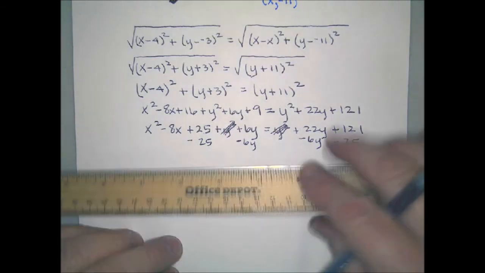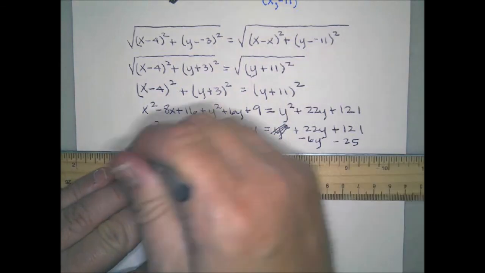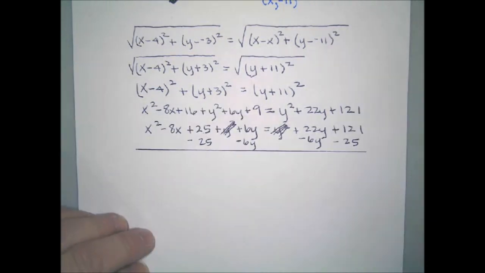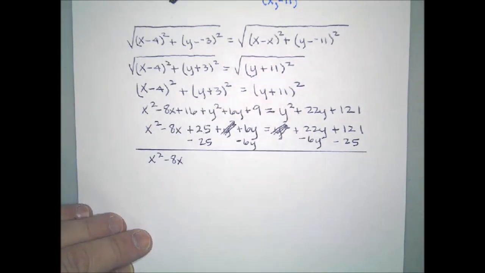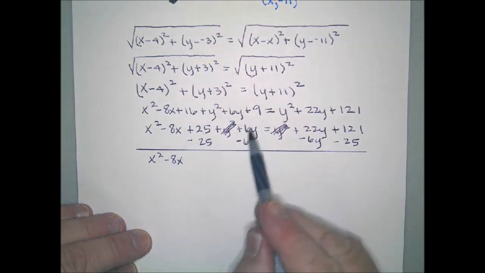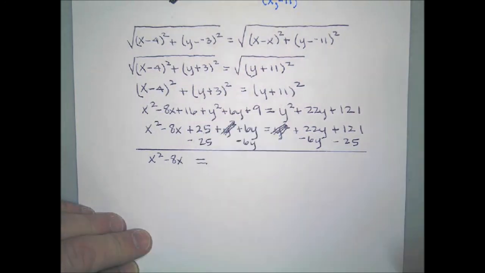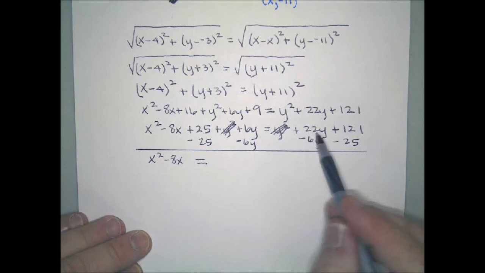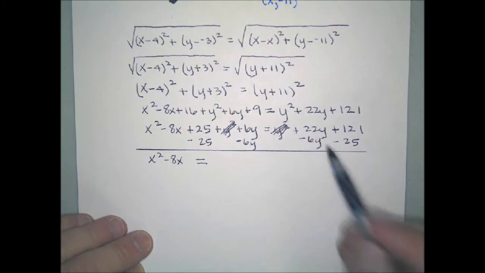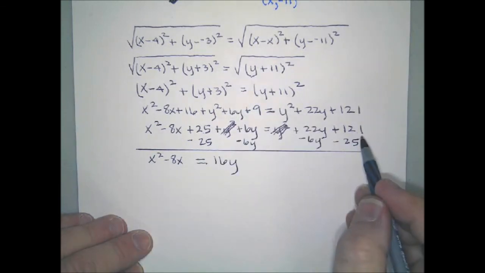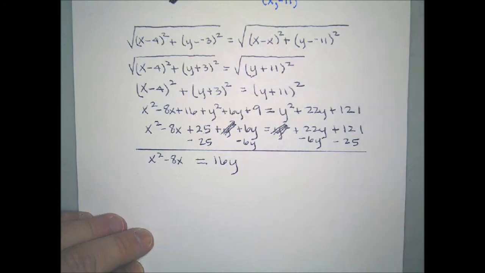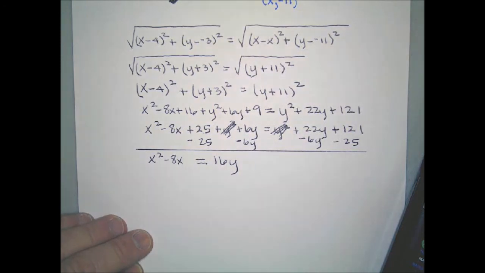And that's going to leave me at x squared minus 8x. Now this is gone, and that's gone, so I just have my equal sign. Now 22y minus 6y is 16y, and 121 minus 25 is 96.